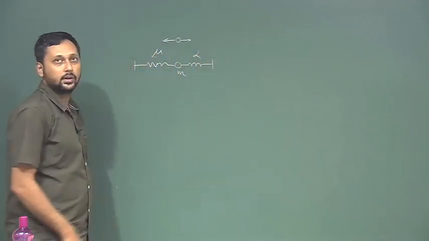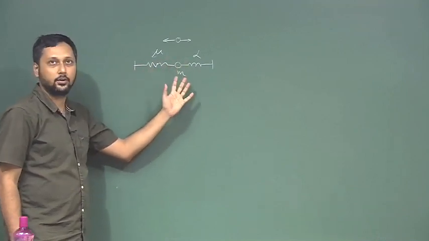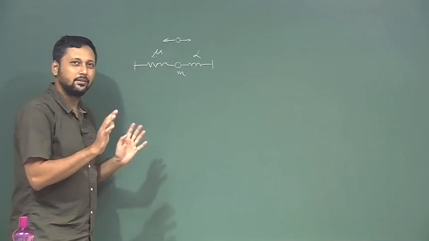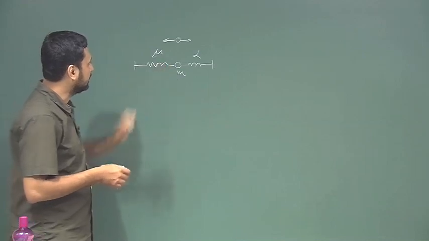Right now I am just taking this as an analogy, don't take this as a spring constant as of now, but we can treat a system like this in the same manner.